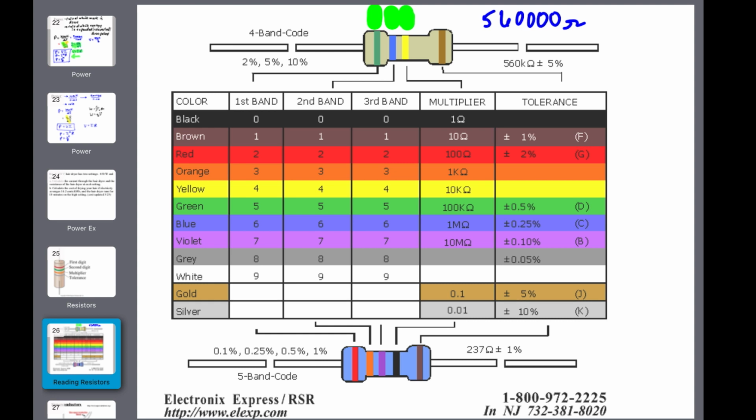So 560,000 ohms or 560 kiloohms. The metallic band is a tolerance. It tells you the accuracy of that value. We won't use that for too much.